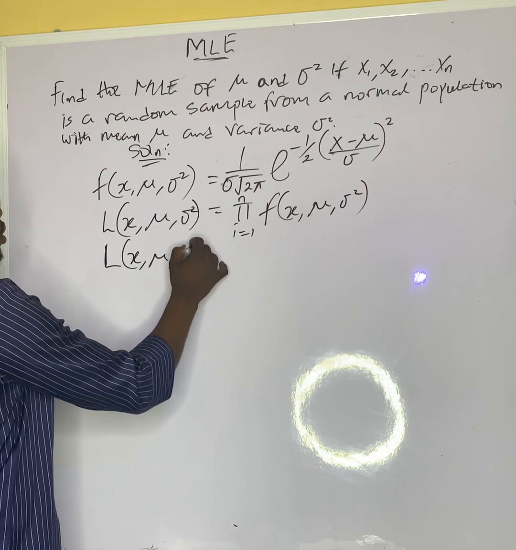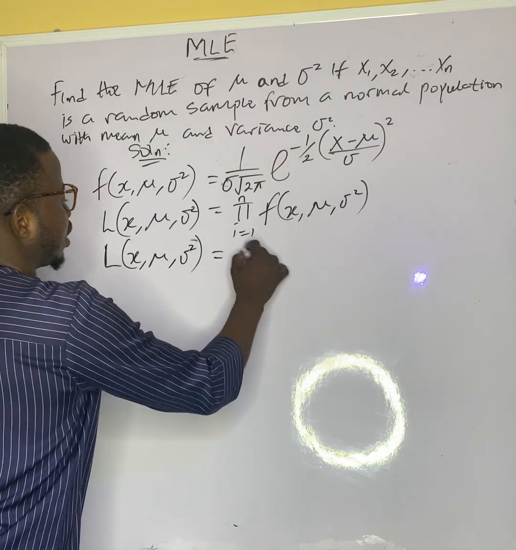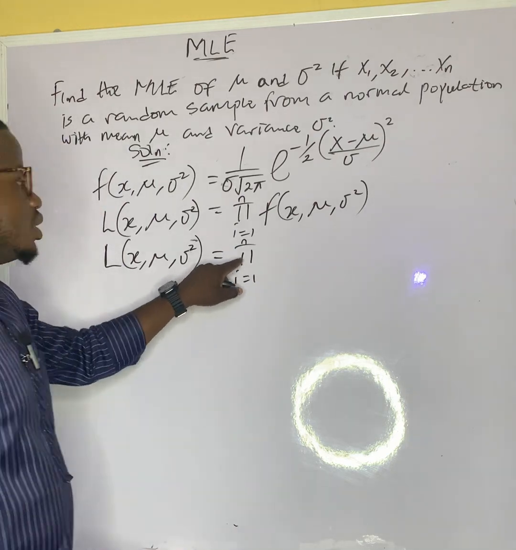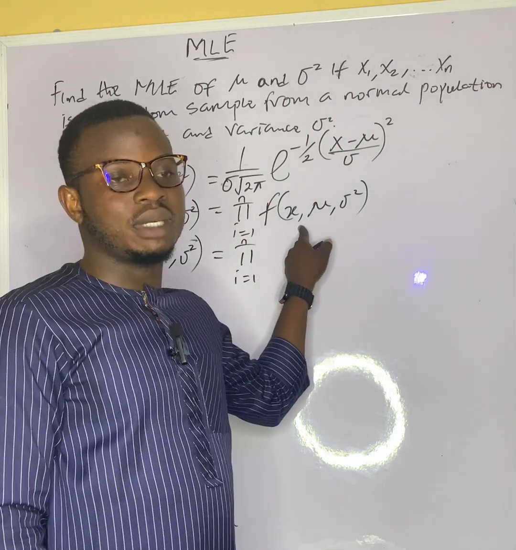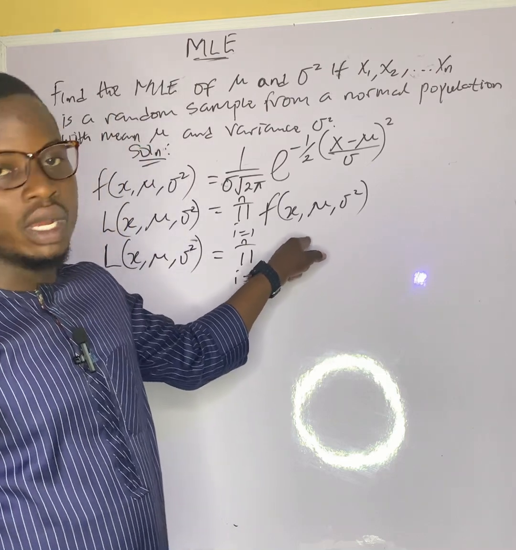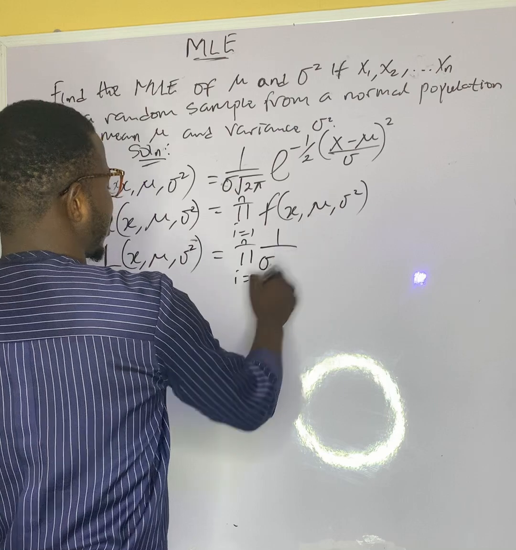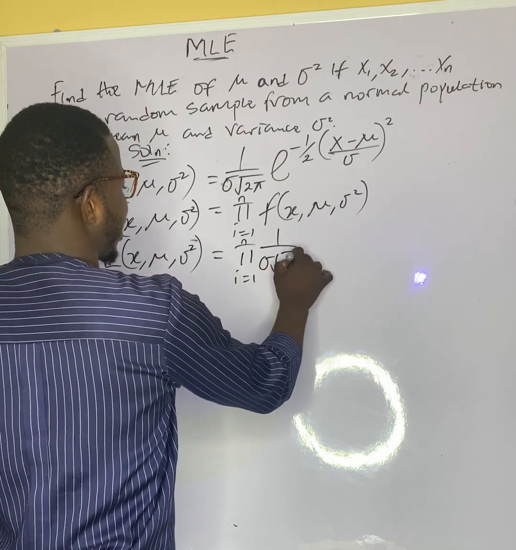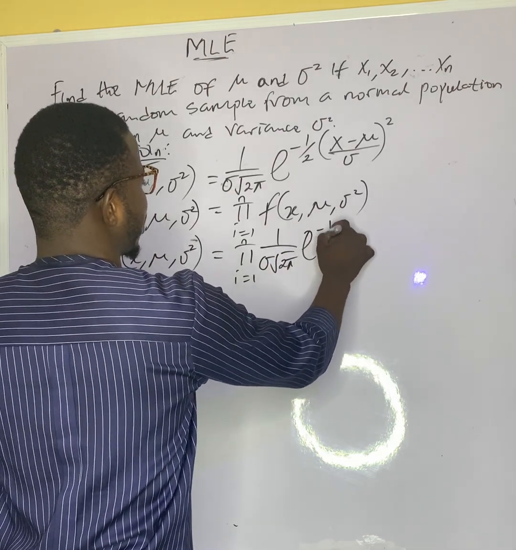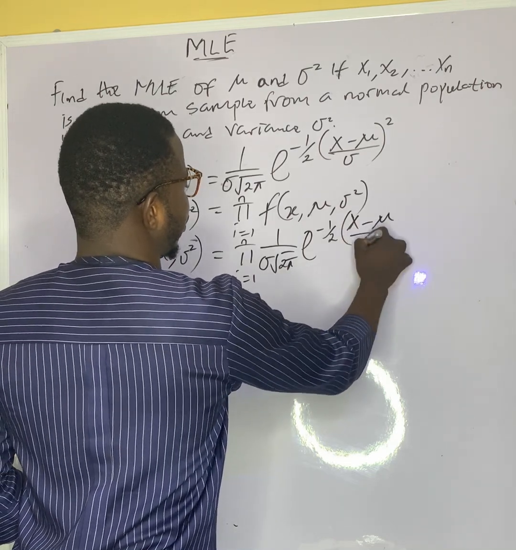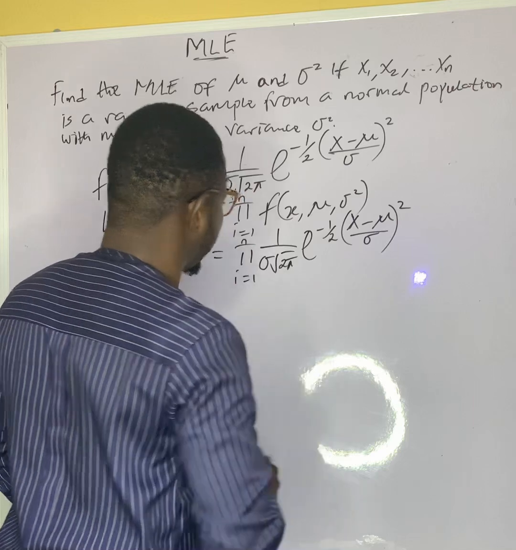What we have here is called the product, and this f of x comma mu comma sigma square is the probability density function for a normal distribution, defined as 1 over sigma square root of 2 pi exponential minus 1 over 2 times (x minus mu over sigma) all squared.